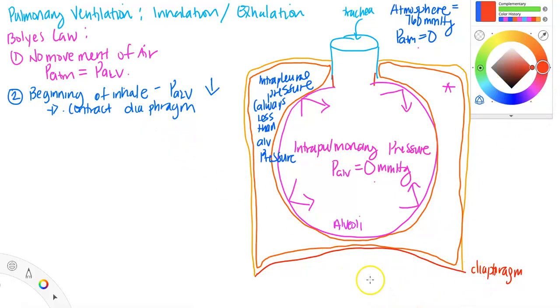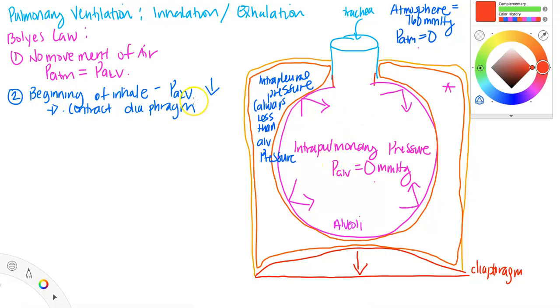So the diaphragm, when it's relaxed, it looks like a dome. When it contracts, it goes down this way. And when it does that and it flattens out, it expands the thoracic cavity.